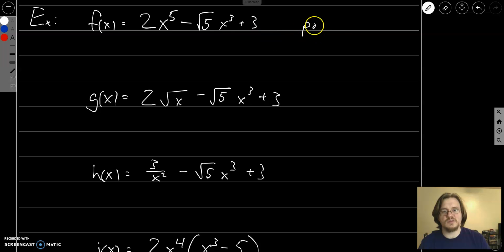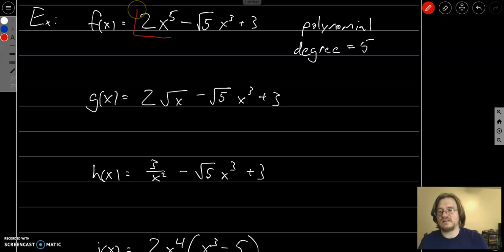So this is a polynomial function. And then the degree of the polynomial is the highest power of x, which is 5. And the term with the x to the fifth power, this is called the leading term.